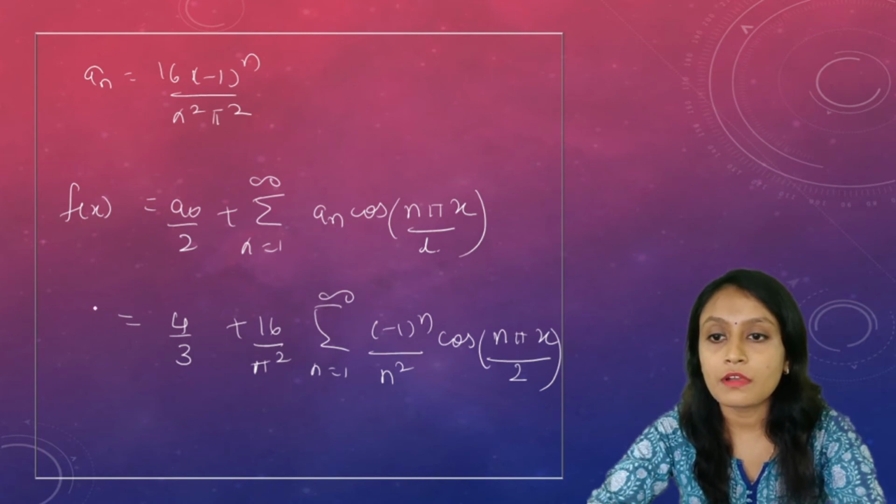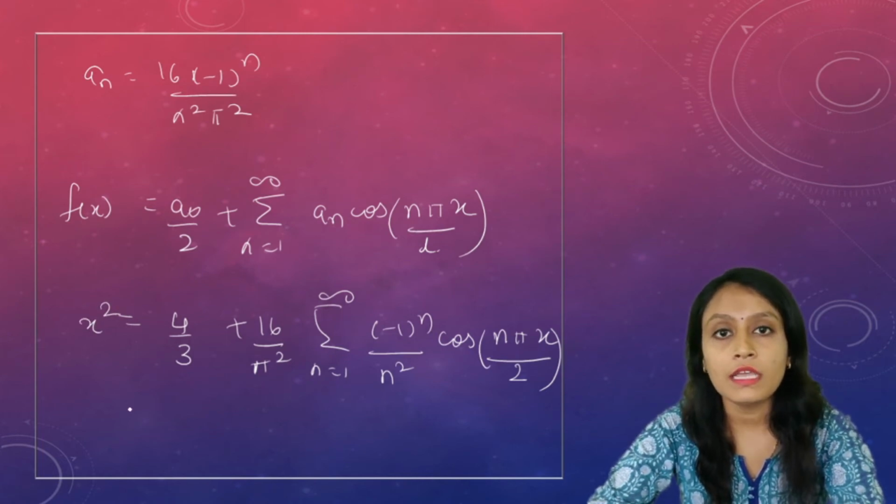Right, so this is the Fourier series of the function x square in the interval minus 2 to 2.